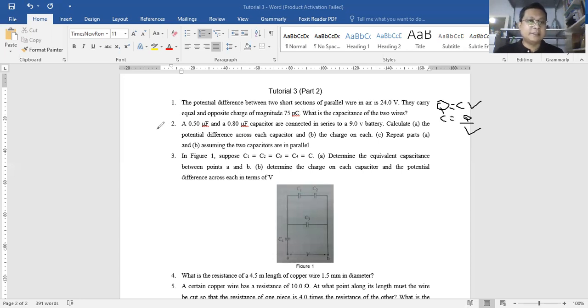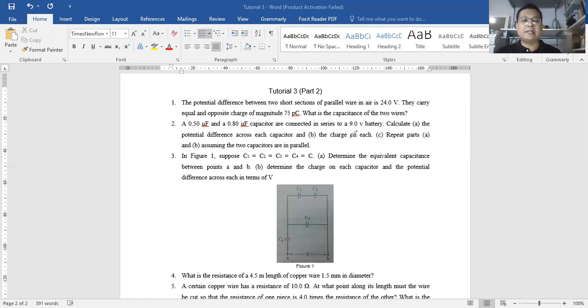Maybe quite difficult if we refer to number 2, because it's not only about the series. We should calculate in the parallel condition as well. Now we have 0.5 microfarad and also 0.8 microfarad capacitors connected in series.